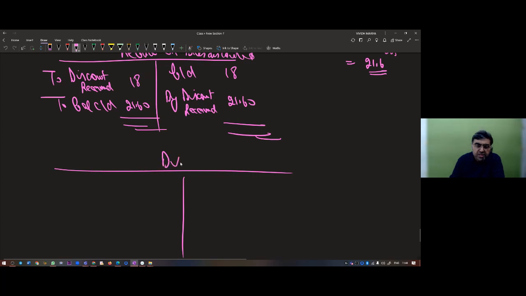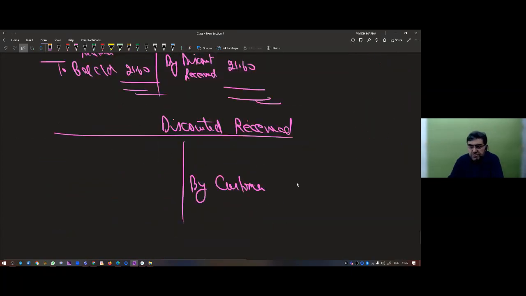Now discount received is income, earned income. In the current year you have received discount from the customers. The amount was 288 crores, plus last year's unexpired income becomes income, rebate on bills discounted 18.